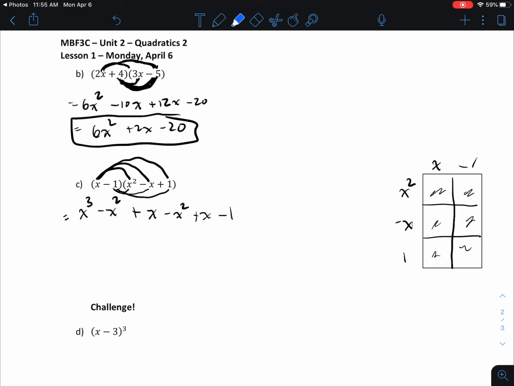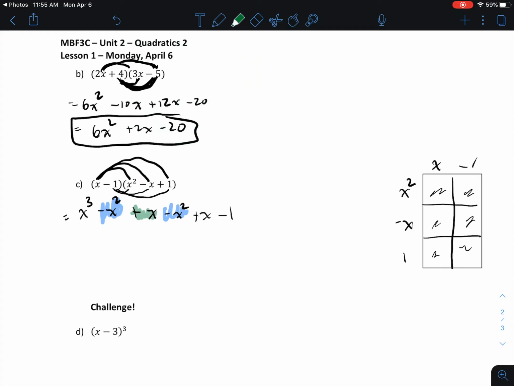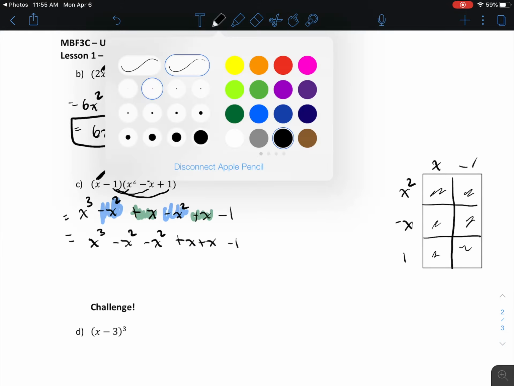Now, we get to this stage. This looks a little bit busy, so I'm going to highlight similar terms, and I'm going to rewrite it so that I can collect them. So x cubed minus x squared plus an x minus 1.